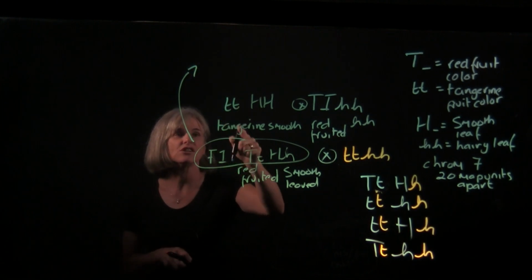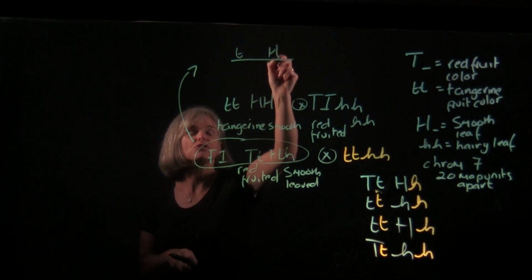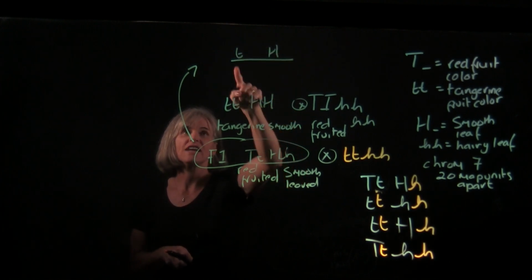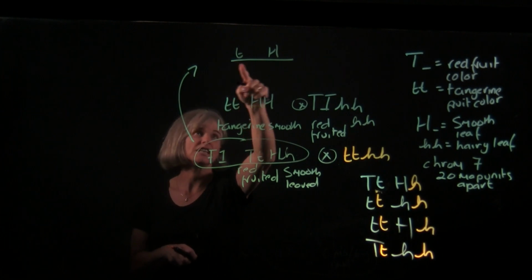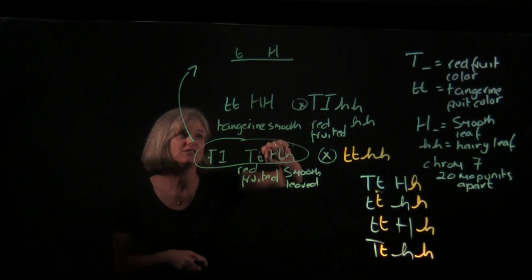So this plant here arose from a chromosome that was contributed from this parent, which had the recessive allele for fruit color linked to the dominant allele for smooth leaves.